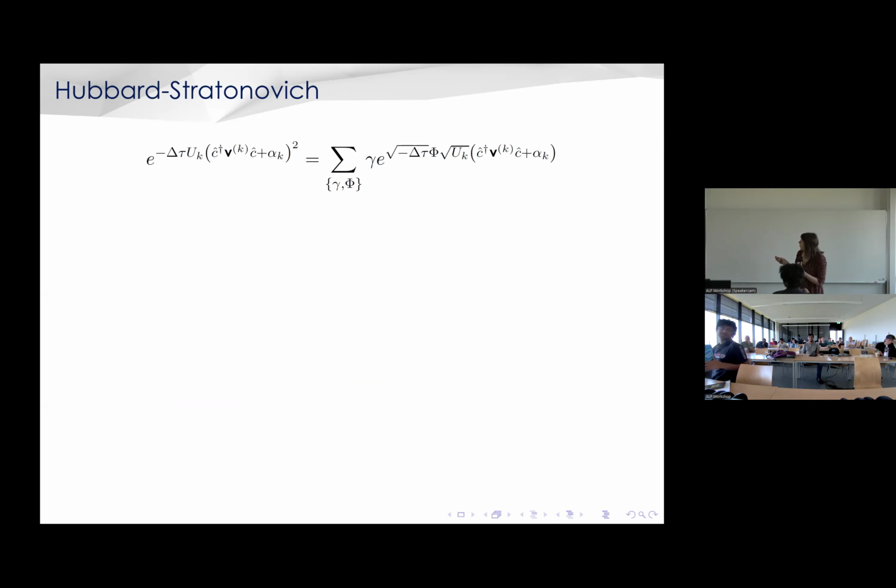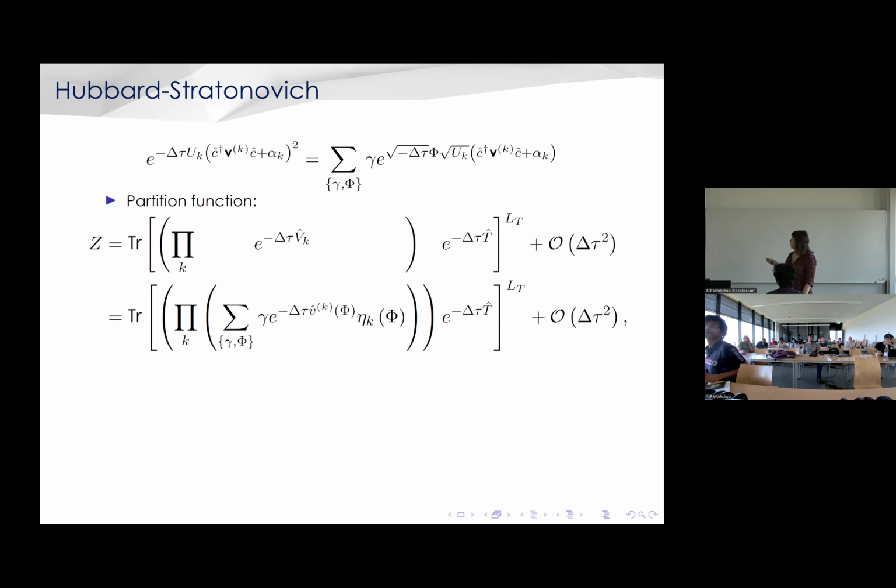Okay, so now I'm showing the partition function here, where before we had split up all the vertices for the interactions. Now we're going to rewrite them using the Hubbard-Stratonovich transformation. These operators were all the squares of bilinears, and now we really have bilinear terms here, just like in the T terms.